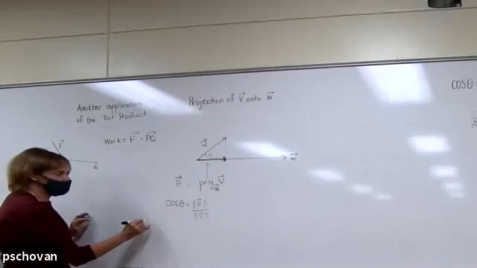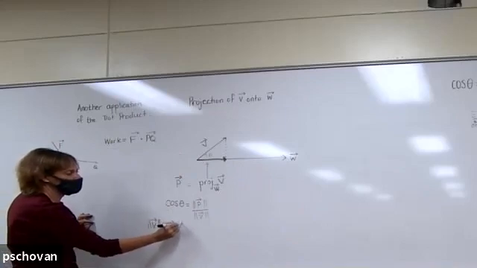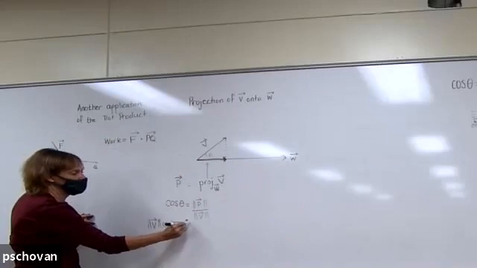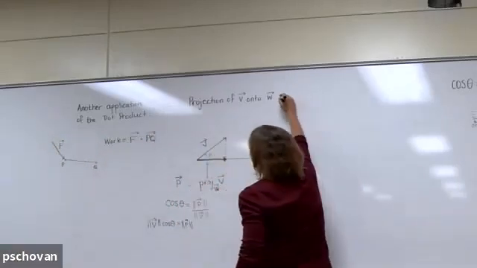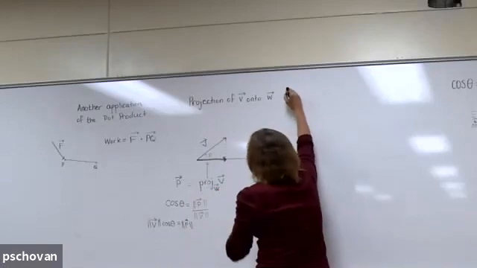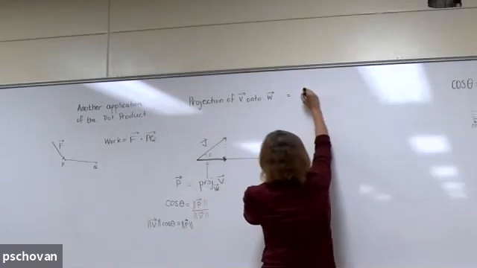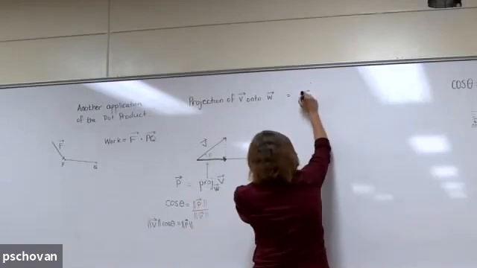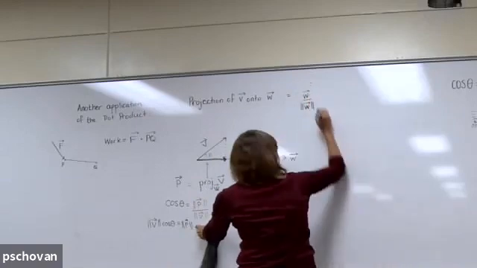So I'm going to solve this for the length of P. Okay, so far I have that the projection of vector V onto W is equal to, I said I'm going to take my vector W, get a vector that is a unit vector in the same direction as vector W, and multiply it by this length.